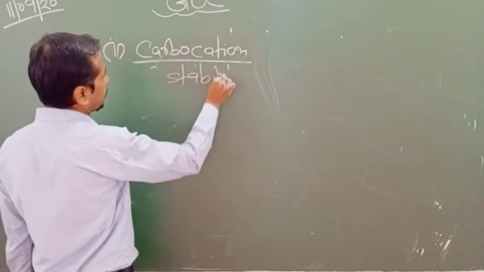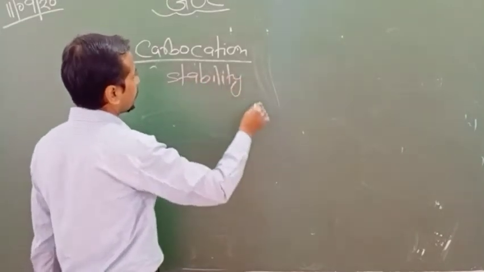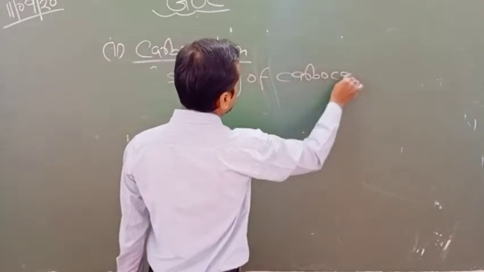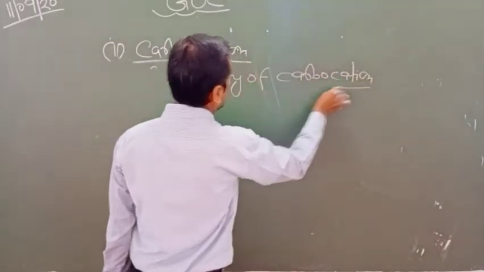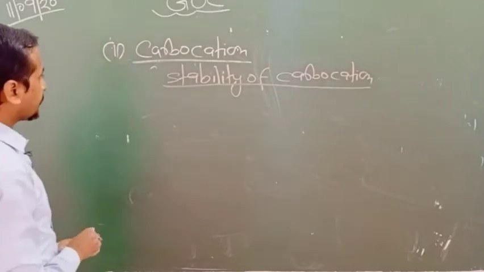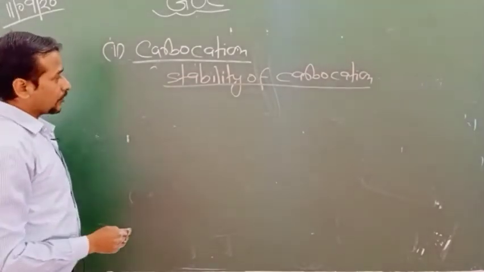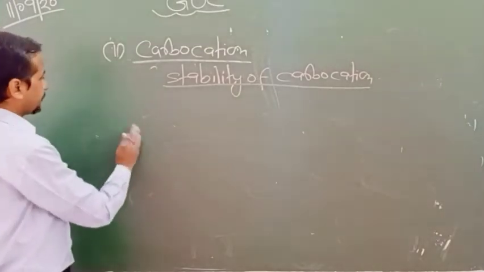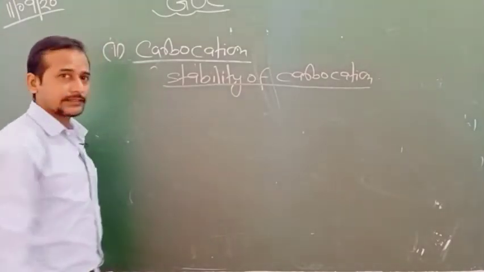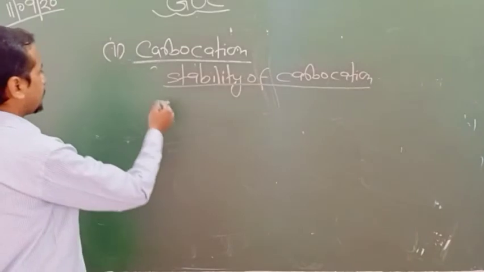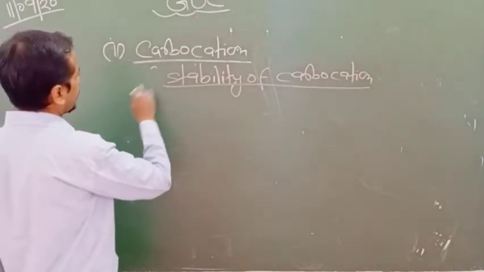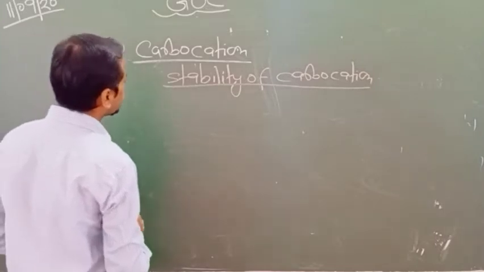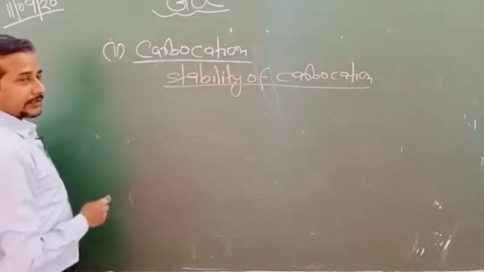In the next lecture, I will tell you about the inductive effect, resonance, hyperconjugation, and electromeric effect. And that is the last lecture of general organic chemistry, which is the basic requirement to learn organic chemistry and its reaction mechanisms.